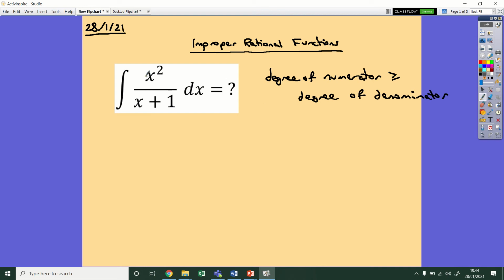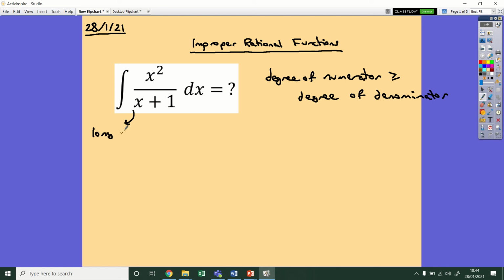Okay, so this is a quadratic expression divided by a linear expression, which means that it's improper. So how to cope with these then is to use polynomial division to express this as a quotient and remainder. And then the quotient and remainder typically will be of a form that's much easier to integrate than what we've got there currently.